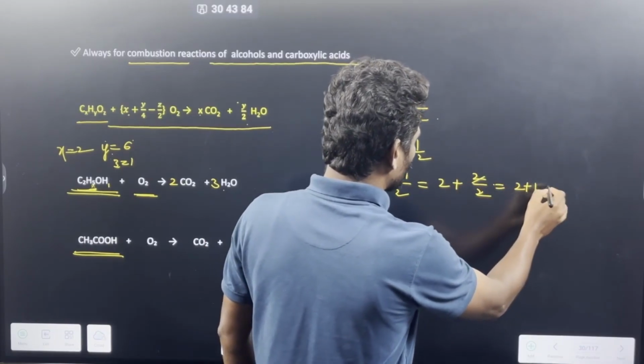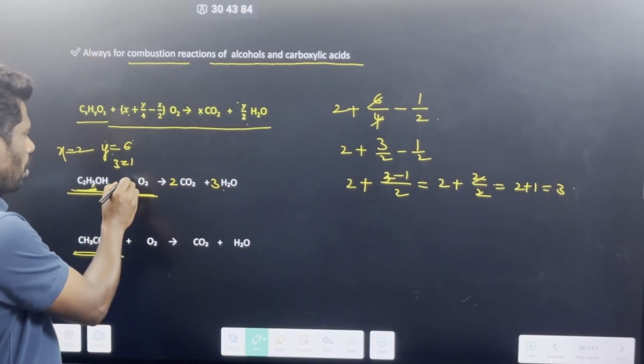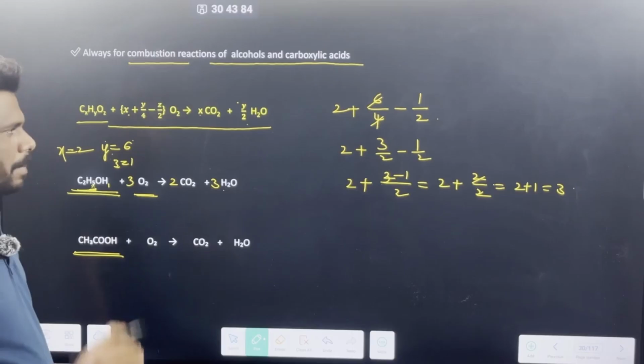That is 2 plus 1, which equals 3. So the value of the coefficient for oxygen is 3. So that equation is balanced.